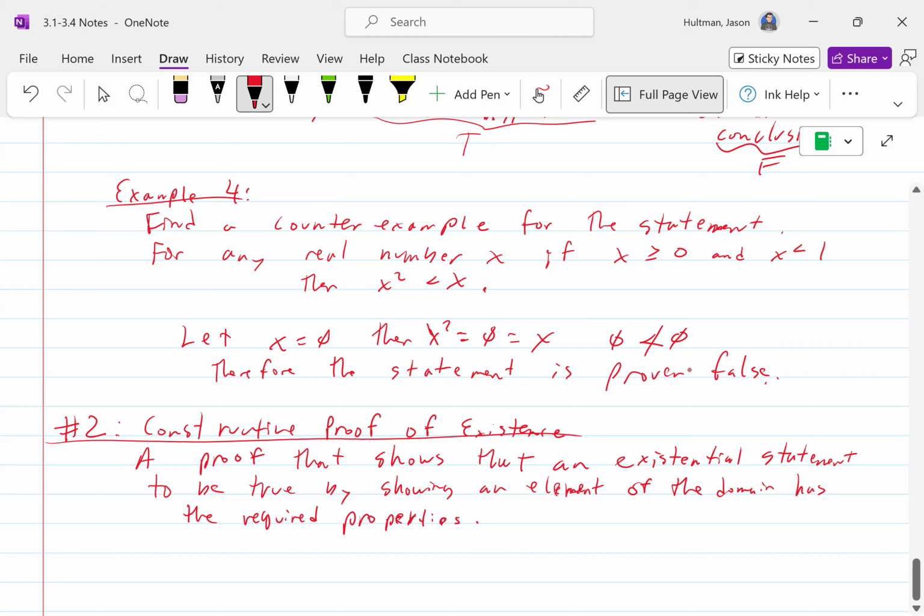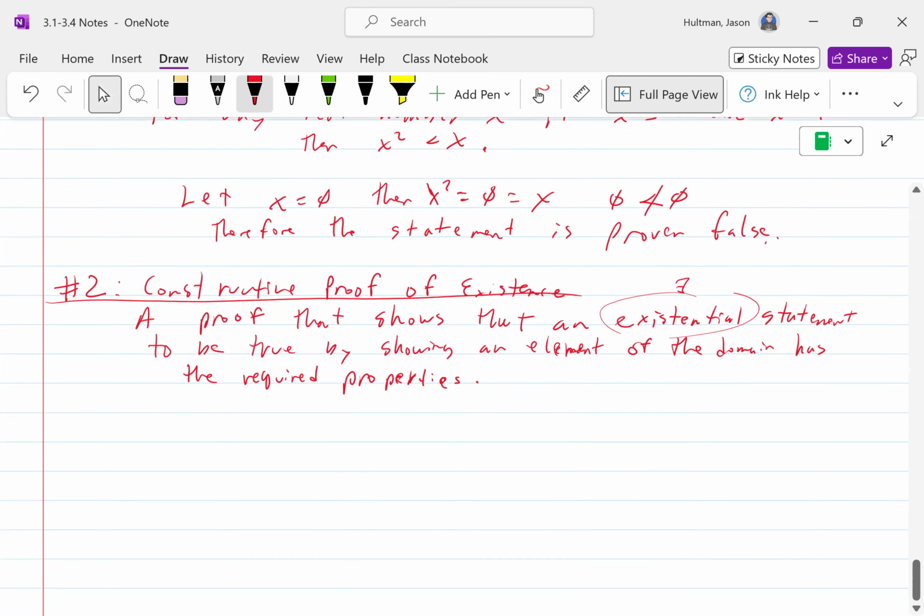Okay, so if it's an existential proof, it means that there exists, right? So there exists something that does this. So we just have to find the something that does that. And then we're good.